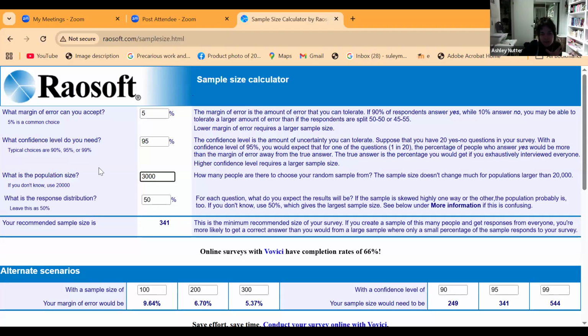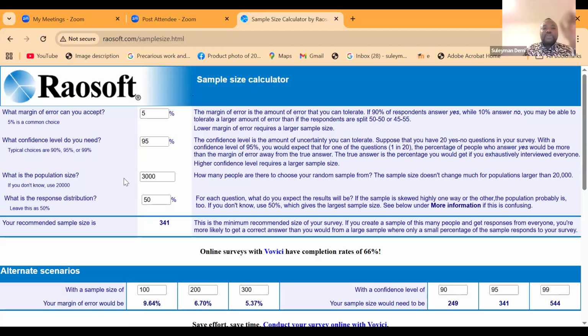Is there some kind of formula that's not being shown here that's calculating that 341? No, this system has already used formulas. If you want to calculate, then you have to do it manually. And that's the equation you showed us in the other slide. Yes, the equation, or there are more other equations, not only one. So this one is just to explain increasing at a decreasing rate. Is that okay? All right.